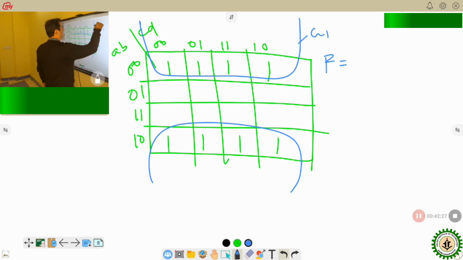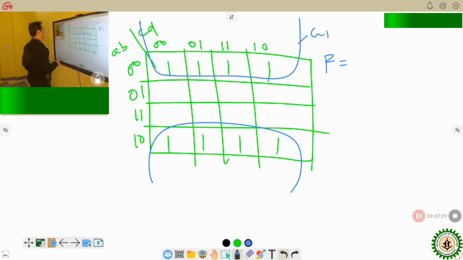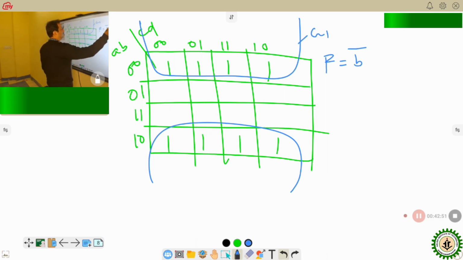Suppose one group is G1. Which one is unchanged? C D is always changing. Only the unchanged variable is B. In that particular case, B was 0, A was 0 and 1. This also changes, only B is unchanged. So that is why this will be B.